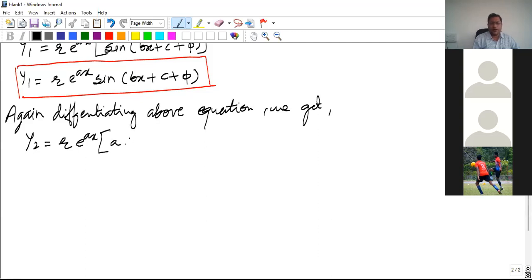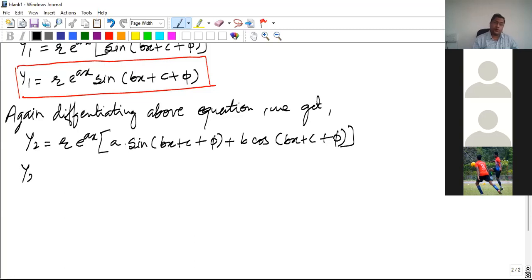So here you'll be having a, and this is sine of bx plus c plus phi, then this is plus b cos of bx plus c plus phi. Okay, so that's what we have.